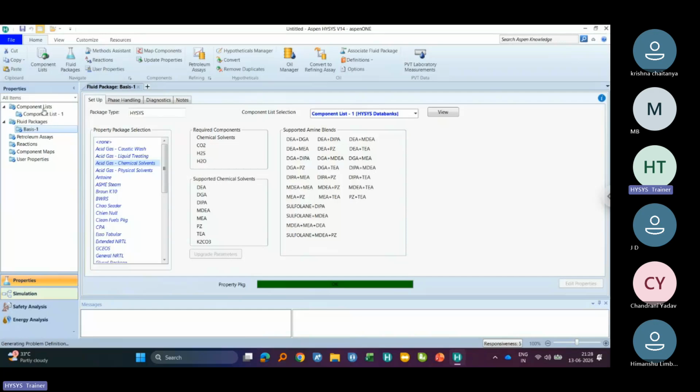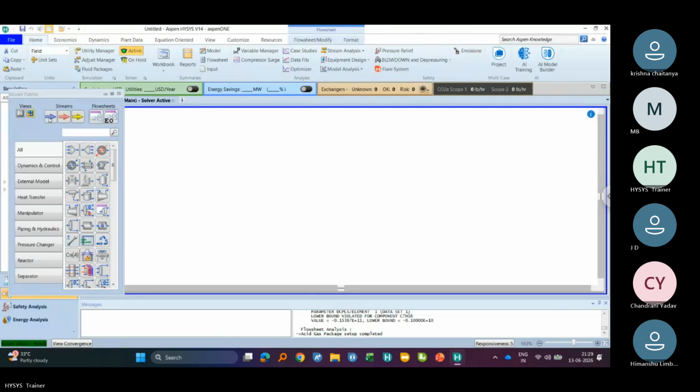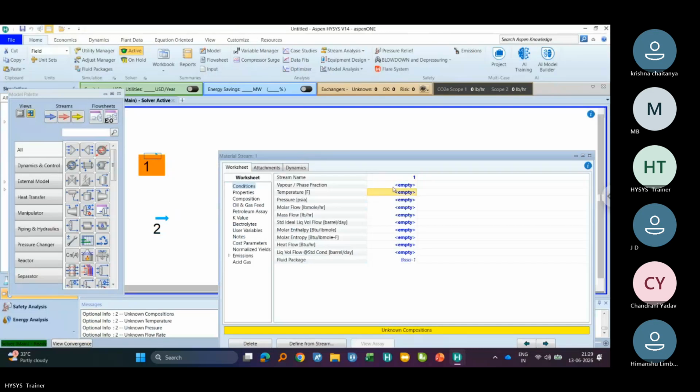Add the materials to use. This is the lean amine. Temperature is 110 Fahrenheit.